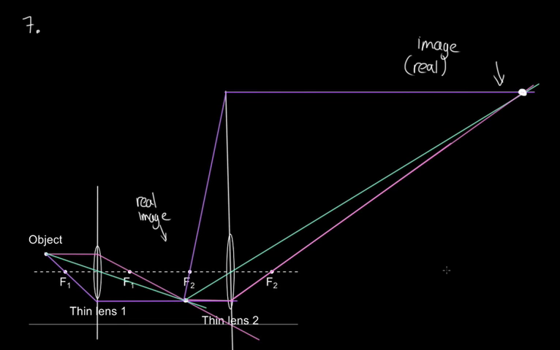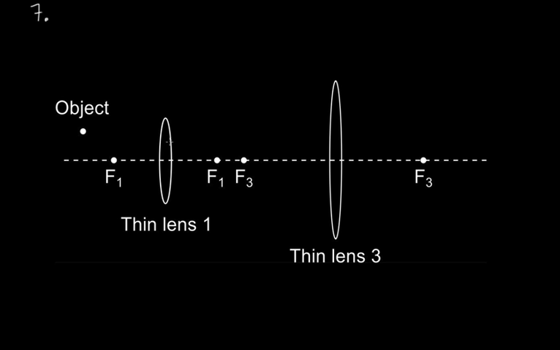Okay, part C, we need a new diagram. Now we're going to repeat the same process, but you can see now lens 2 has been replaced with lens 3, which has a slightly longer focal length compared with lens 2. Let's start the same way by drawing the lines through the middle of these lenses.